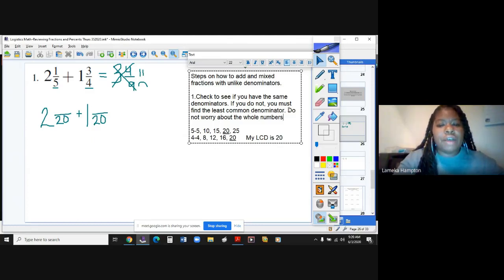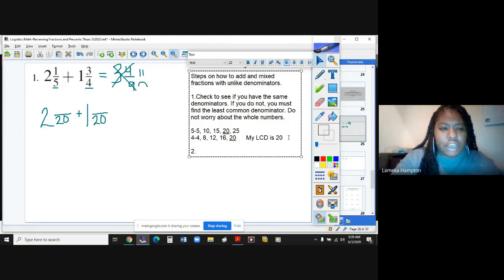Do not worry about the whole numbers. Okay, so we're just going to leave 2. Remember, our whole number is the number that sits in front of the fraction. So I have 2 and I have 1. I'm not touching those. I'm leaving those alone as of now.